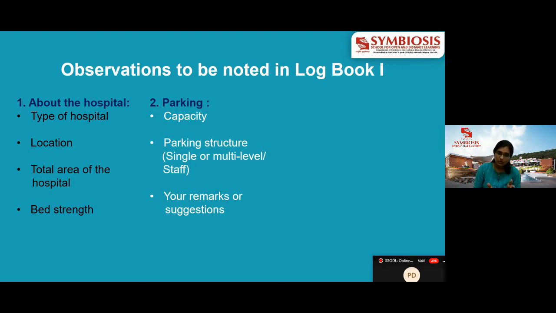Many hospitals do not have a dedicated area for staff, which creates a lot of problems for staff because they have to park their vehicle and immediately join for duty. They should not be wasting their time finding space for parking. In that connection, you can make your suggestions.